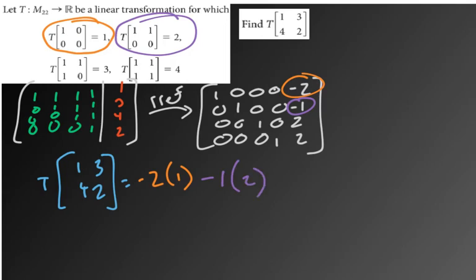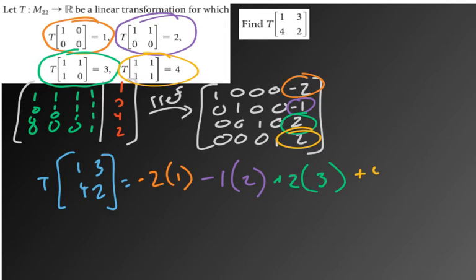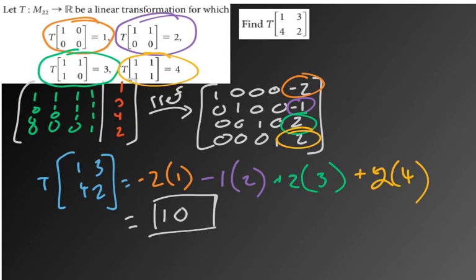And then the green, 2 of this one, so plus 2 times 3, and then 2 of that one, 2 times 4. And if you are actually good at math, you can do arithmetic, unlike me. But I think if my calculator told me correctly, that's a 10.